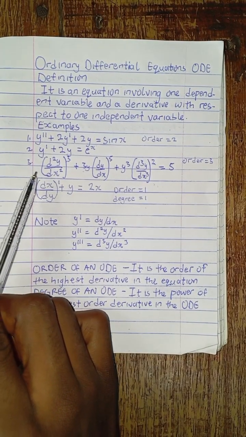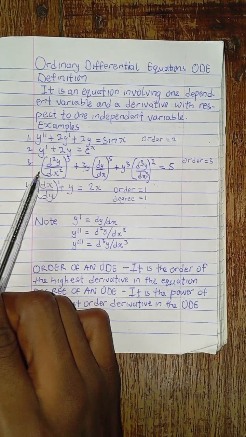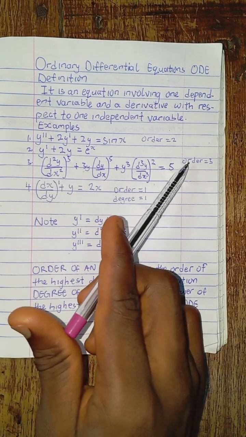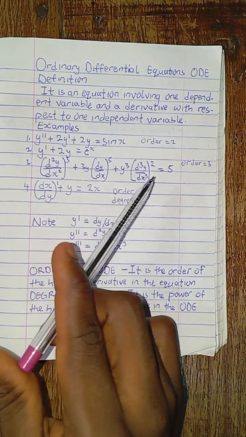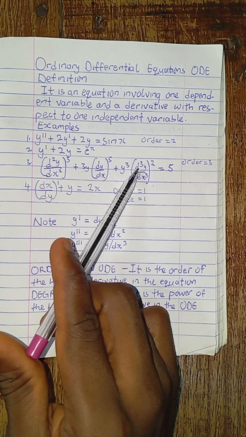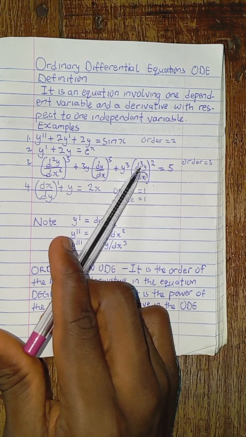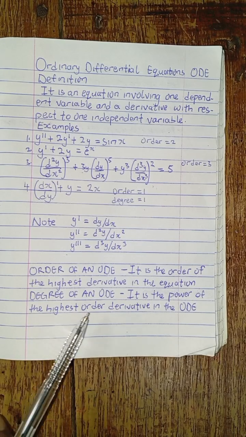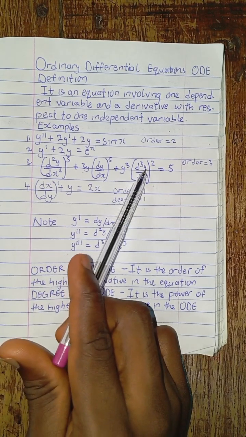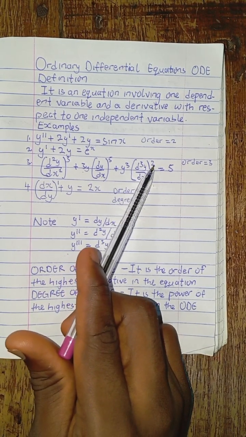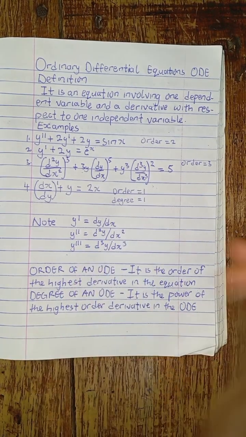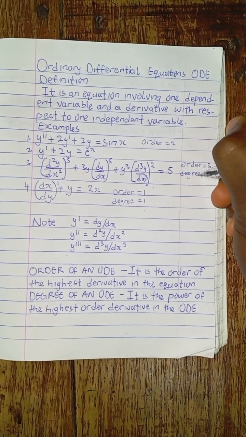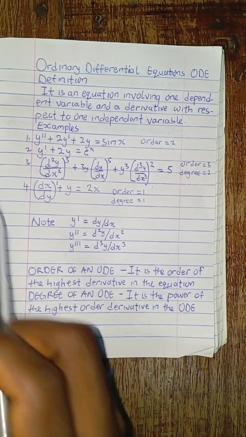An easy shortcut for getting the degree is once you have gotten the order. From this one, the order is 3, and that is from the third derivative. From the definition, the degree is the power of the highest order. So what is the power of the highest order? Here it is 2. So our degree is 2.